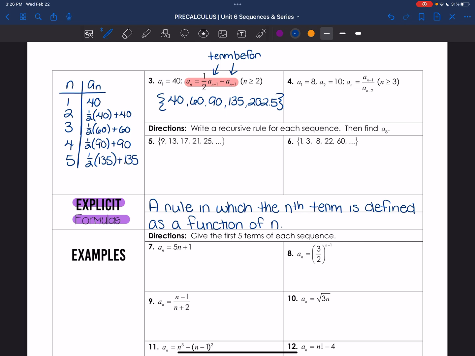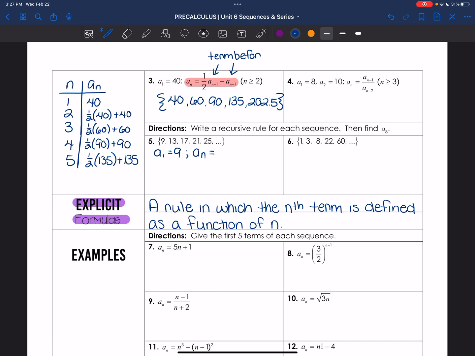Now, to ask you to do something a little bit different here, we have our sequence, and we want to write the rule for it. Well, we already know our first term, a_1, is 9. And now we want to write our formula in terms of n. So what do we do?